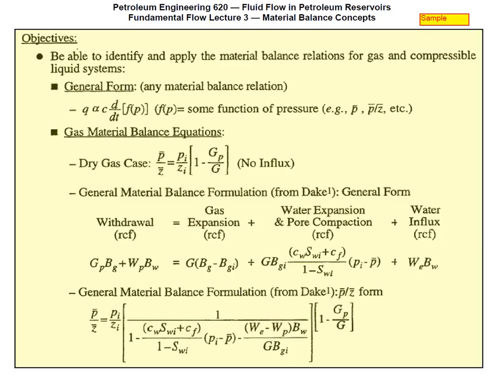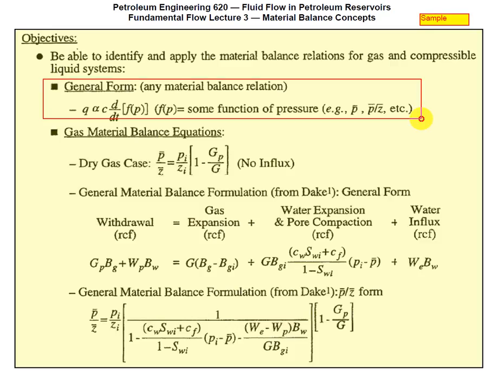It's important that you recognize that the material balance is an exact accounting of whatever the system has in it. The general form of a material balance equation is given as you see over here. Usually it's written in terms of some rate and pressure relationship, and we can express it as such.